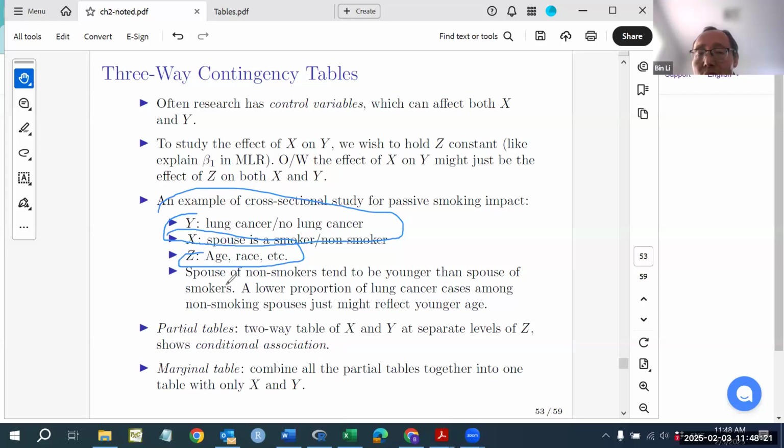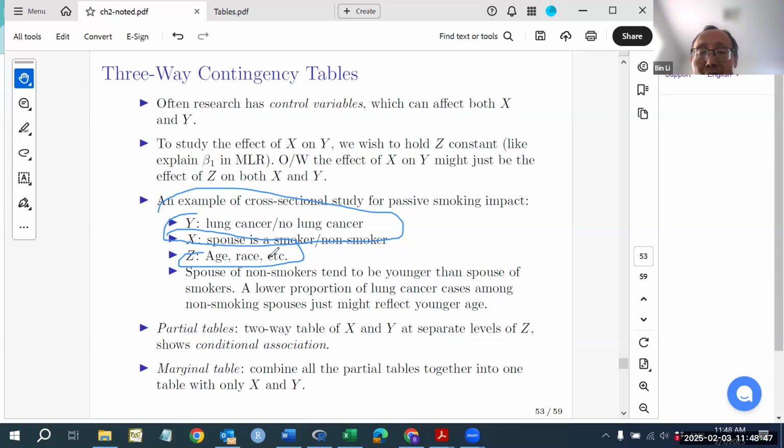Like, the spouse of a non-smoker tends to be younger than the spouse of a smoker, or a lower proportion of lung cancer cases among the non-smoker spouse just might reflect the younger age. So these results, the smoking effect, can be confounded with age and race.